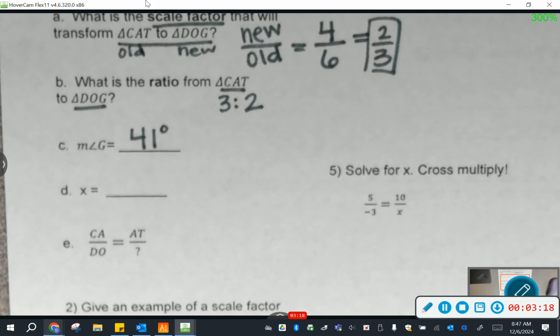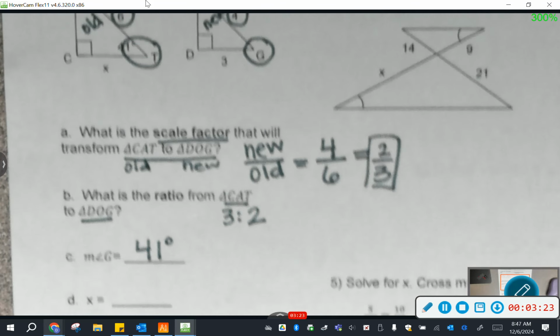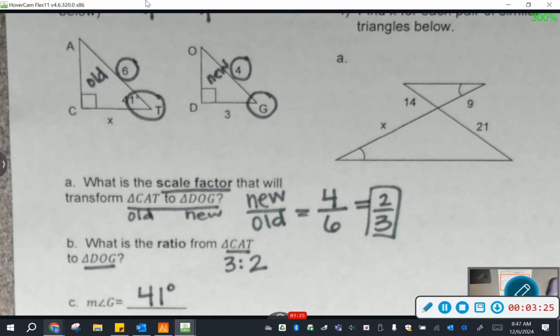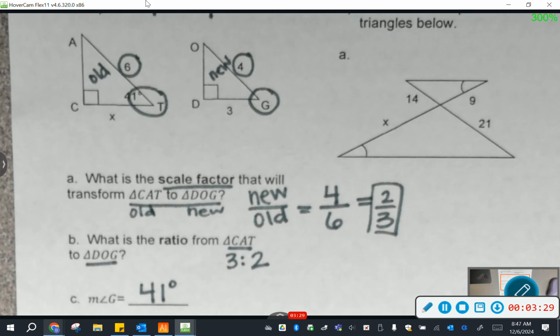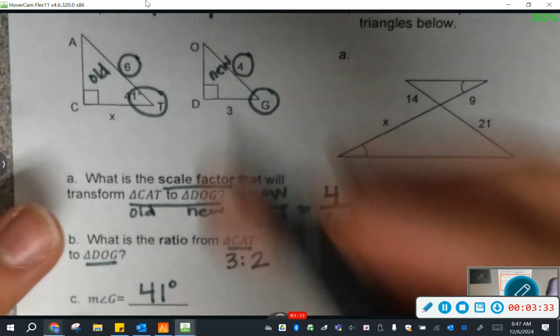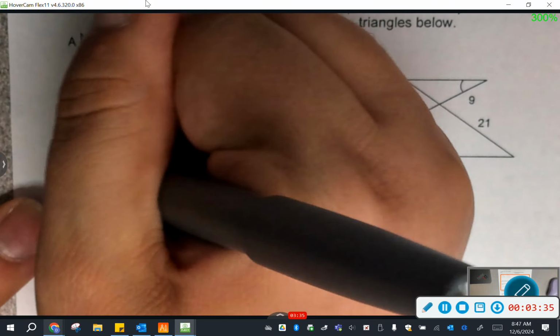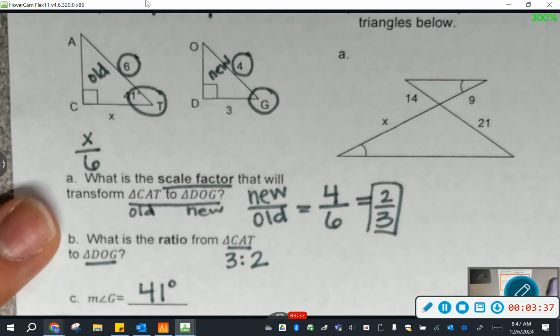Now we need to find X. I'm going to have to set up a proportion. What is this proportion going to look like? And remember, there are a bunch of different ways you can set this proportion up. So how did y'all do it? You did X over 6. Again, did y'all have to do that way? No. Some of y'all did 6 over X. Some of y'all did 6 over 4.